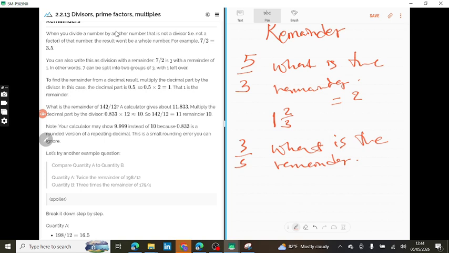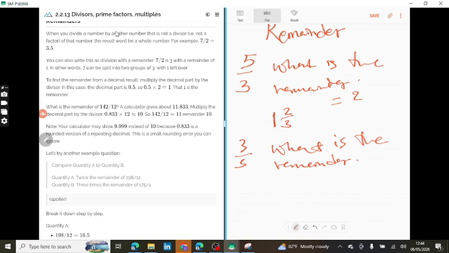Yes, there is always a temptation to think that it is 0. But it's not 0. It looks like 0, but it's not 0. The remainder when 3 is divided by 5 is 3.